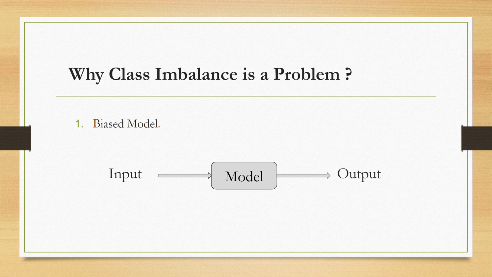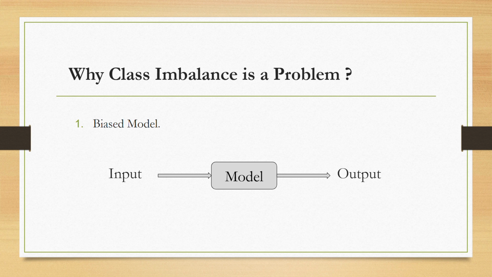It is similar for multi-class also. If there are classes A, B, C, and A and B have more number of samples in the dataset, the model will learn more information from A and B class samples only, but it may not learn proper hidden information from class C samples.